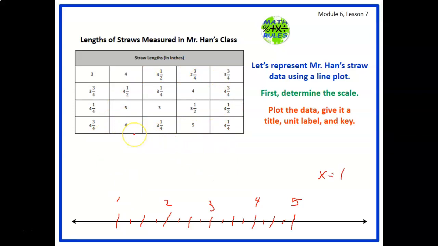Do I have any 2s? No. Do I have any 2.5s? No, but I do have a 2 3/4. How many do I have? Well, I only have 1. I want to go ahead and mark it out so I know I've used it. So I'm going to go 2 1/4, 2 1/2, 2 3/4. I'm going to have 1 x.